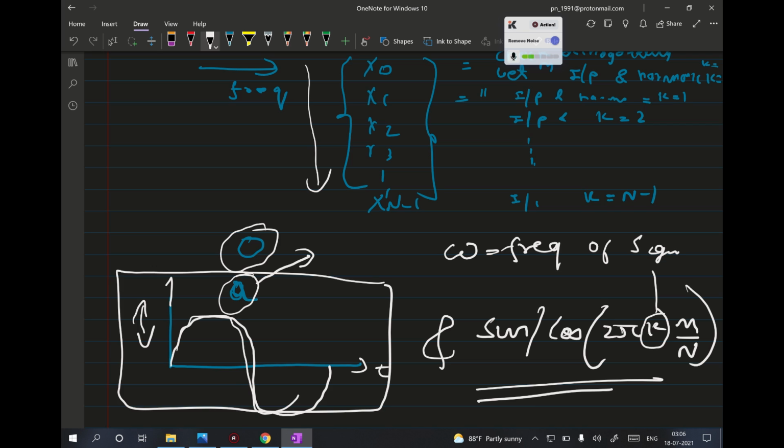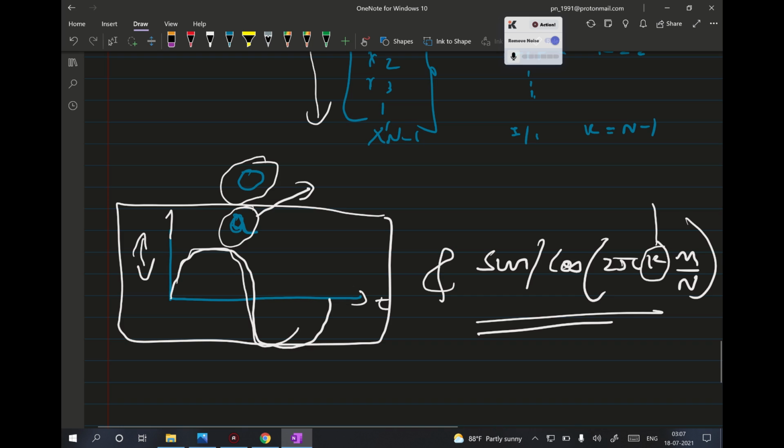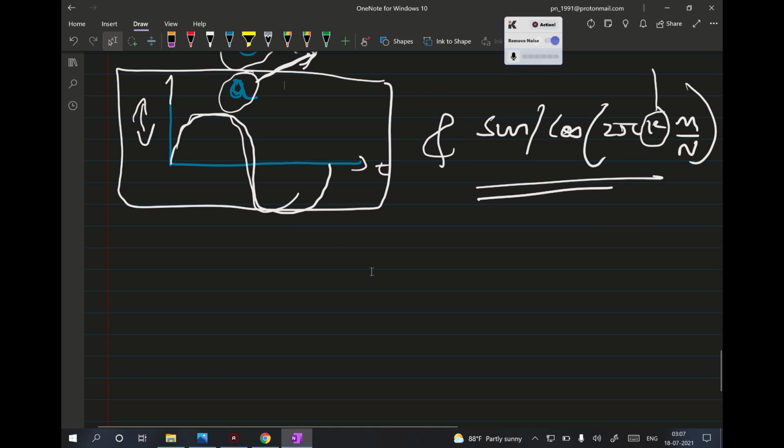But since I am not considering the independent variable for now, let's not focus on the frequency term, but I am pretty sure that at one point we will not be satisfying the orthogonality check. That's why we will get some value a, and that's the basis of Fourier transformation.